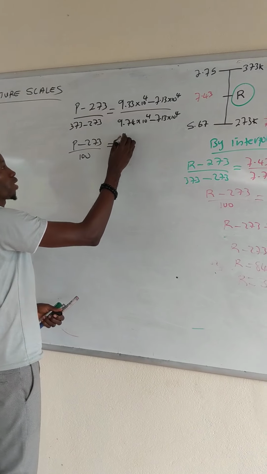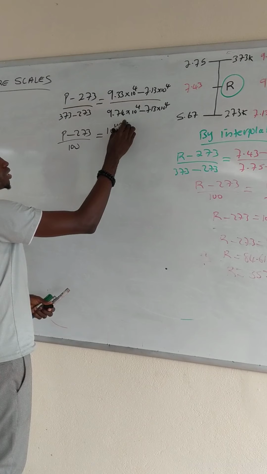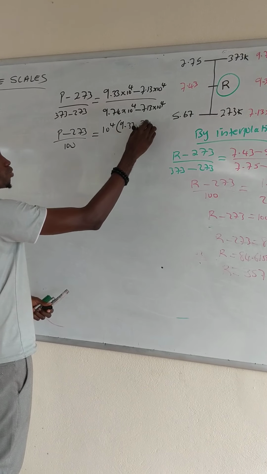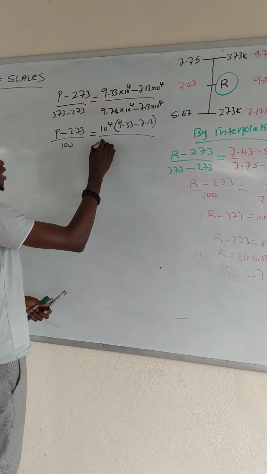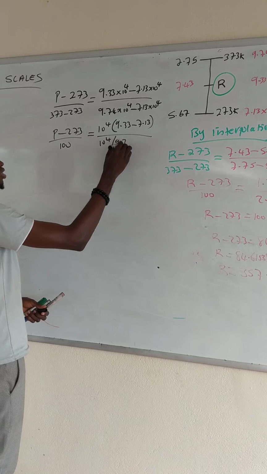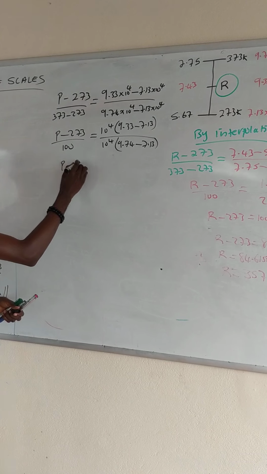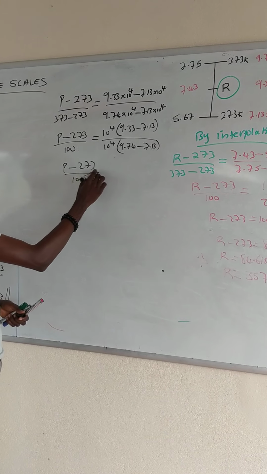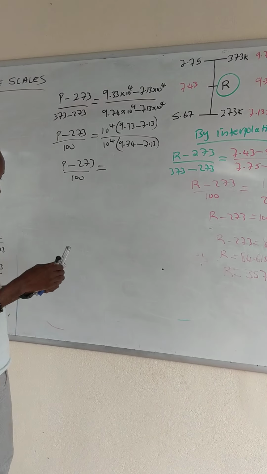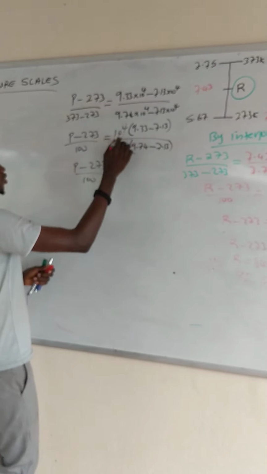Here, you can see 10 to the power 4 is common. So it's going to be 9.33 minus 7.13. Here again, 10 to the power 4 is common. So 9.74 minus 7.13. So if we maintain this, 273 divided by 100, 10 to the power 4 will cancel. Definitely these two values will cancel.